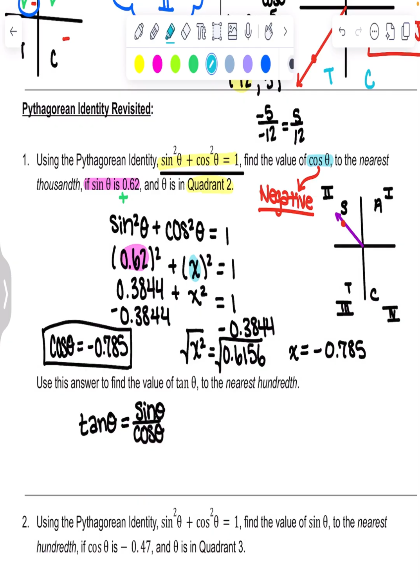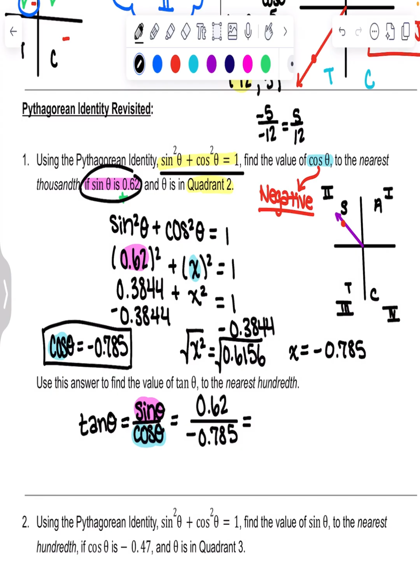So cosine's here, and we have sine on the top. So if I fill in my question, sine is 0.62. So I directly just grab that from the question. Now cosine's the part that I solved for, so I could just plug in my answer, negative 0.785.